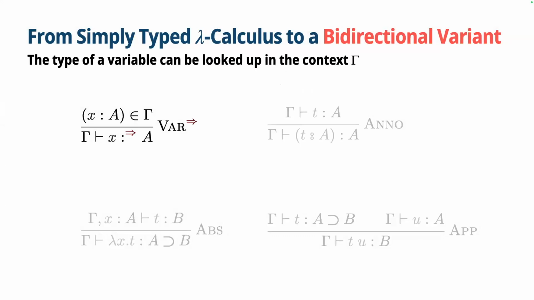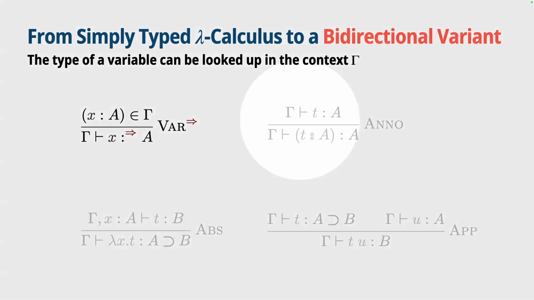To go from the typical one to the bidirectional variant, we basically annotate what information can be synthesized and what information needs to be given, to be checked.